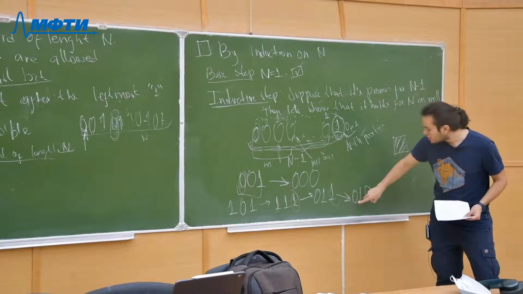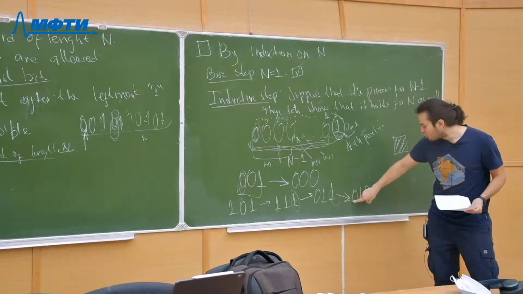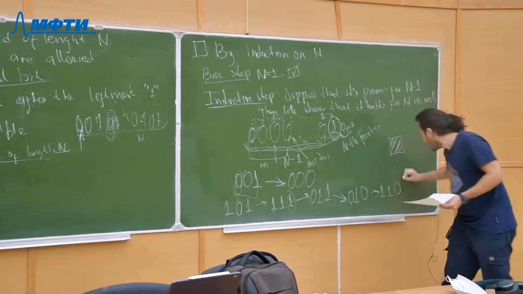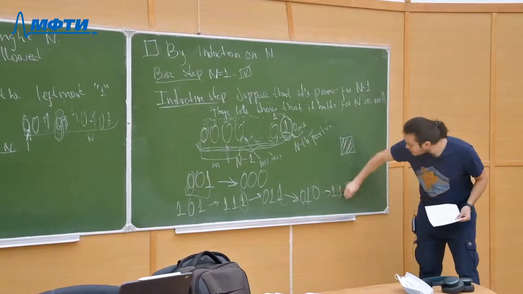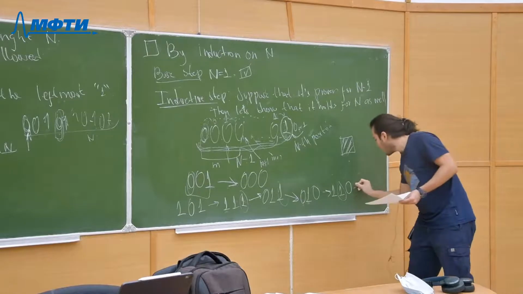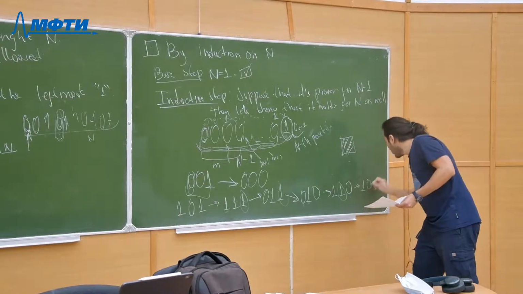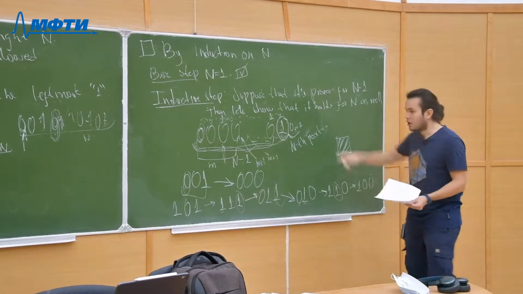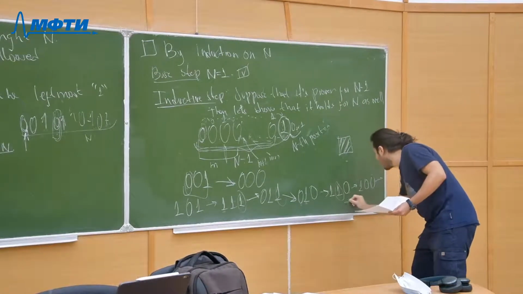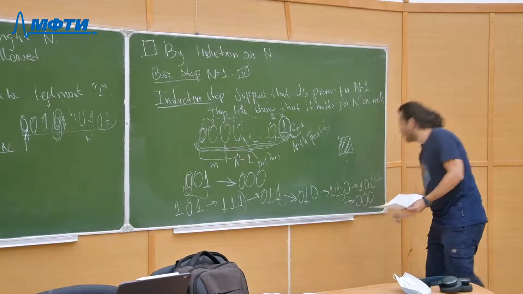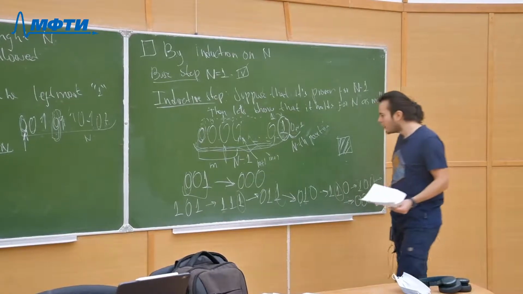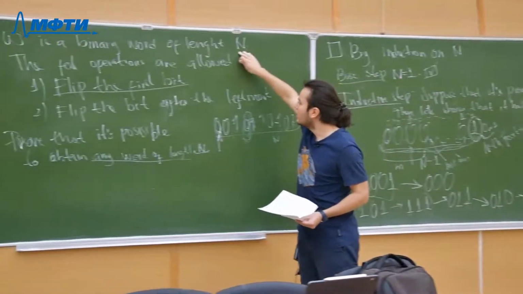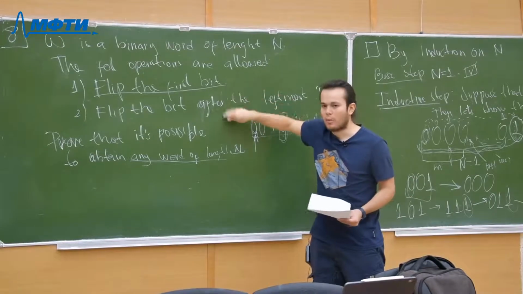So I need to change this 0 into 1 in order to change this 1. So I can change to 1, 1, 1, then 1, 1, 0. And now I can change this 1 from here, and I will get 1, 0, 0. And finally, I can change the first bit because of the initial condition, and I will get 0, 0, 0. And so in this way, I can obtain any word of length n only applying these two operations.